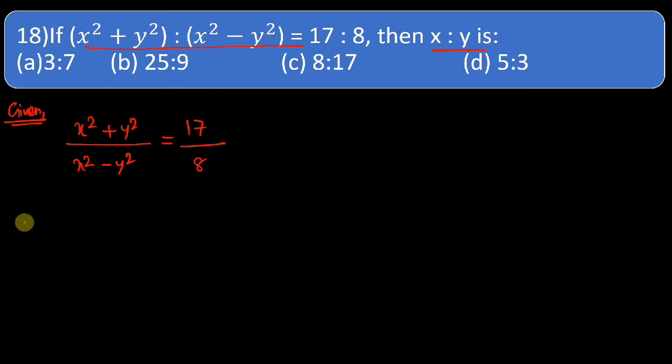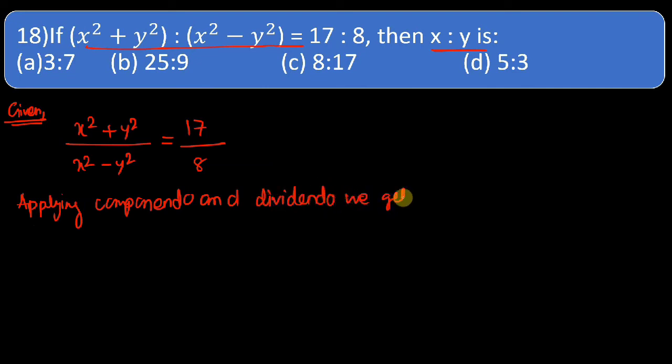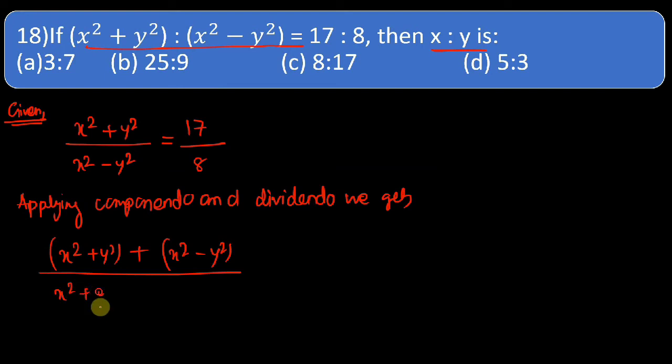We have to cross multiply the given equation, or you can apply componendo and dividendo right here, so you can get the answer. Applying componendo and dividendo, we get numerator plus denominator, x square plus y square plus x square minus y square, over x square plus y square minus x square minus y square, as 17 plus 8 over 17 minus 8.